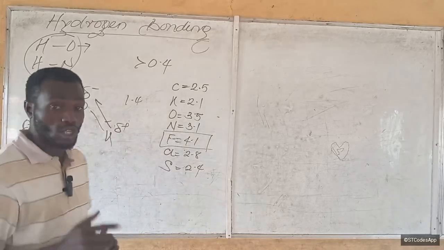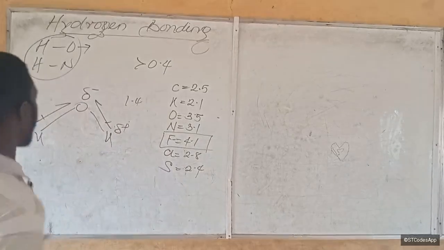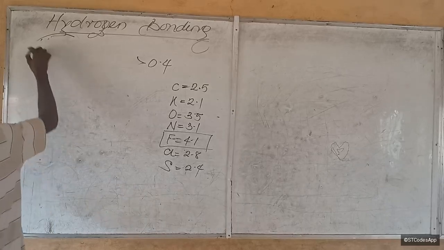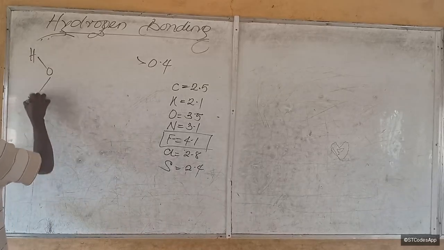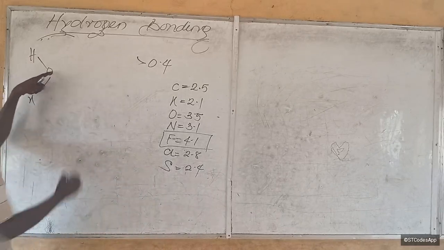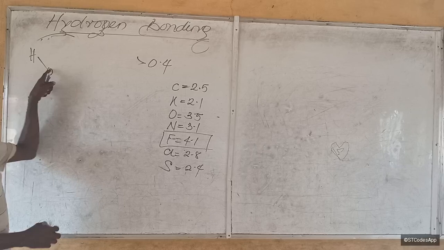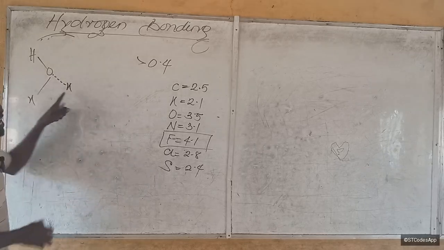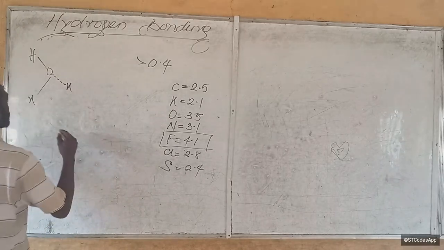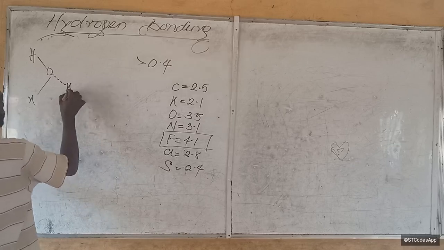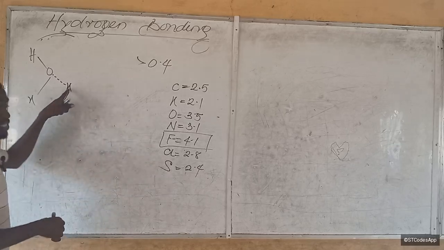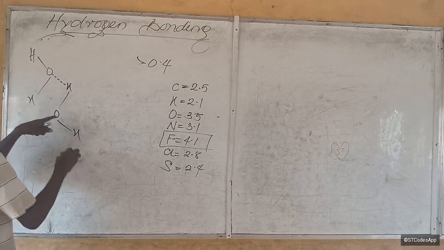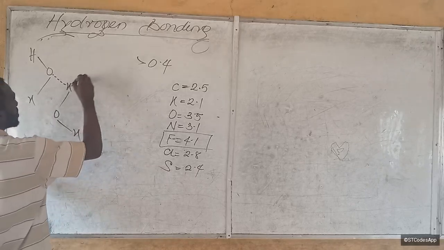But in water, what you see in the crystal structure of water is that when we form a water molecule like this, this oxygen, because of its high electronegative value, is going to coordinate partially to another hydrogen, which has already coordinated with another oxygen.